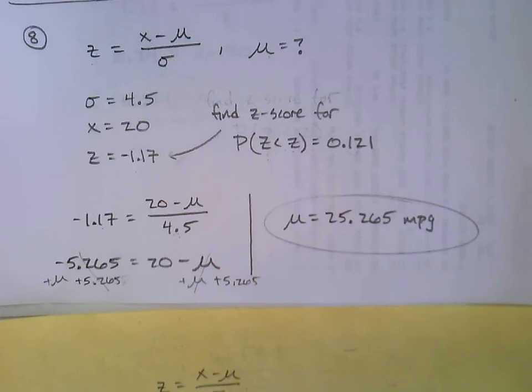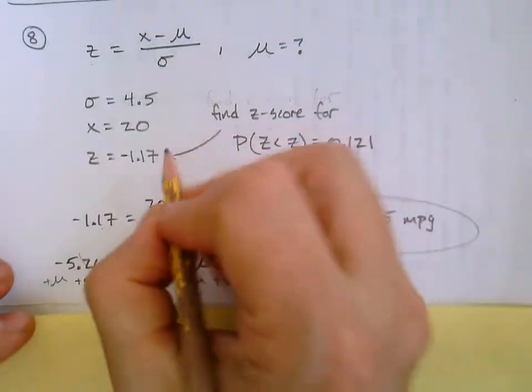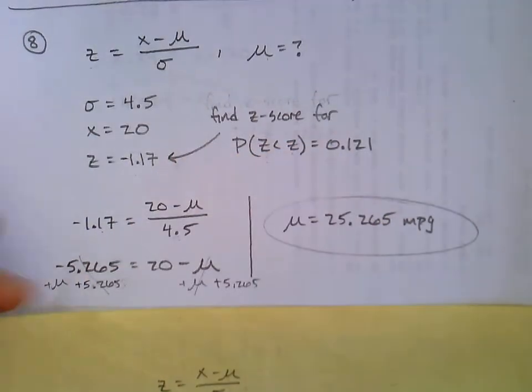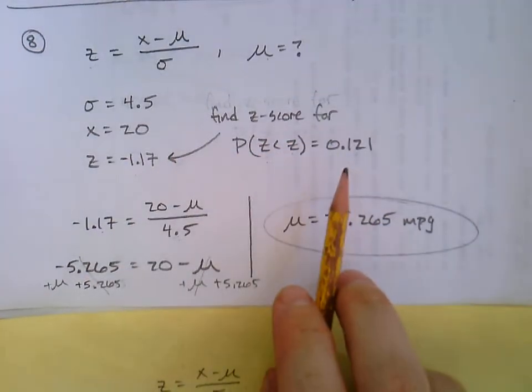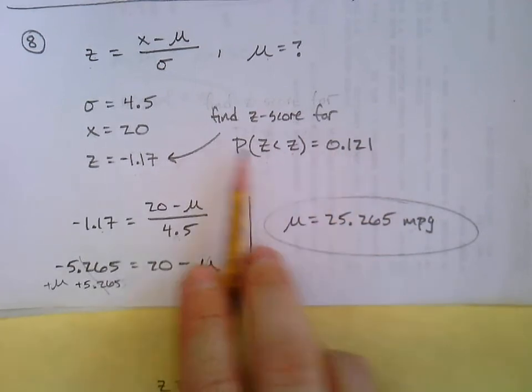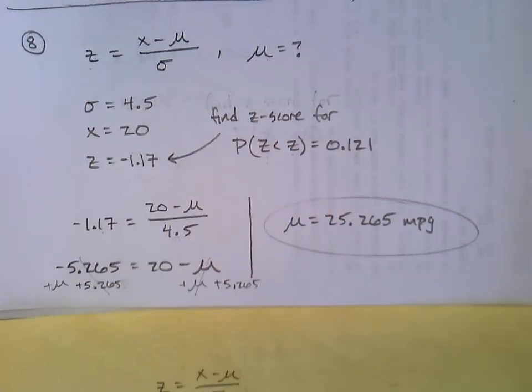So in a kind of clever way of going about it, we can work backwards. And probably the most clever piece of this was using that percentage to work backwards to find the z-score.